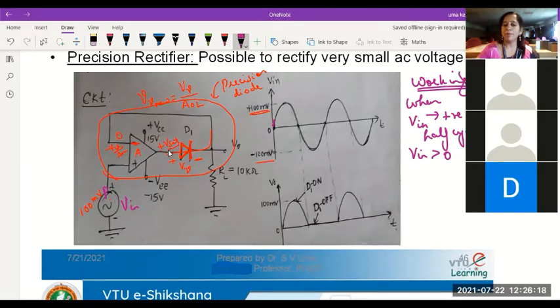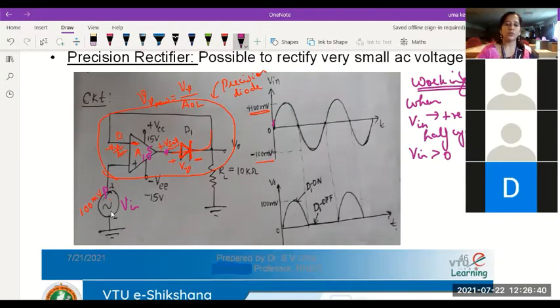This op-amp will be in open loop condition initially because this diode will not be conducting. When it's in open loop, whatever small positive voltage we have will get magnified by a factor of 10 to the power of 5, which represents the open loop gain of the op-amp.